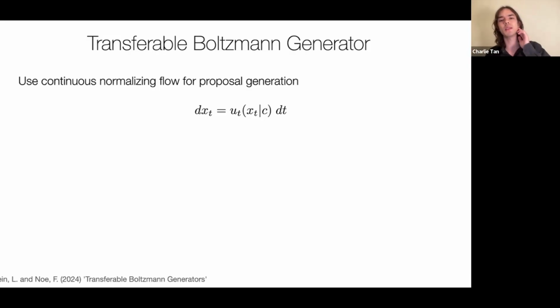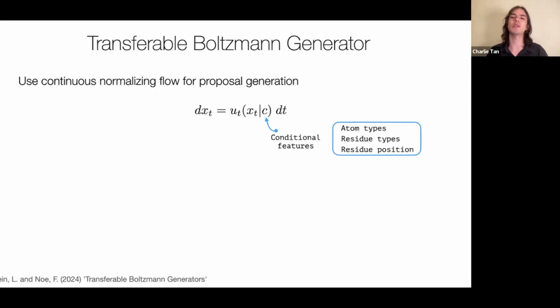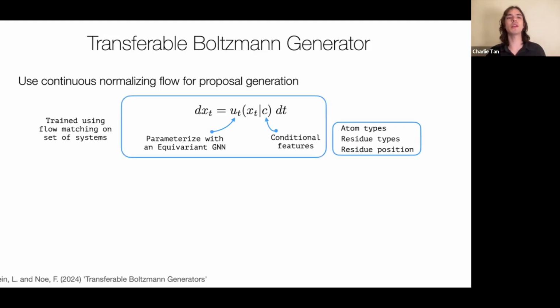But what they do in this work is they also condition on these conditional features. These features are the atom type, the residue type that the atom belongs to, and the residue position in the sequence. And then they parameterize this with an equivariant GNN. They then pre-train using flow matching on a large set of training systems.